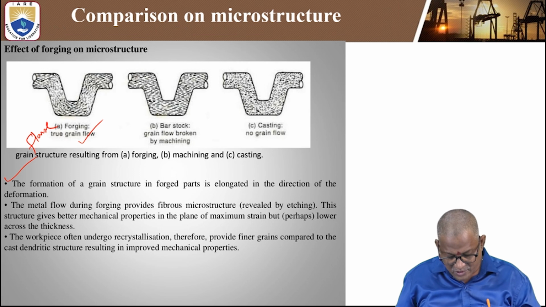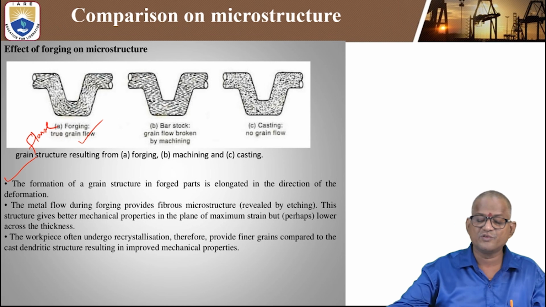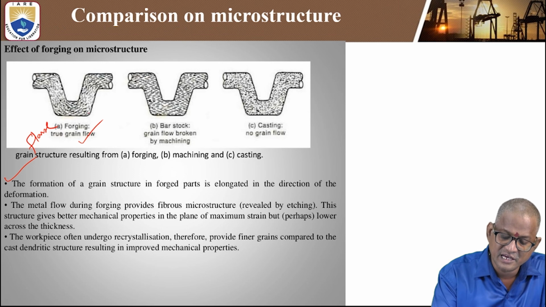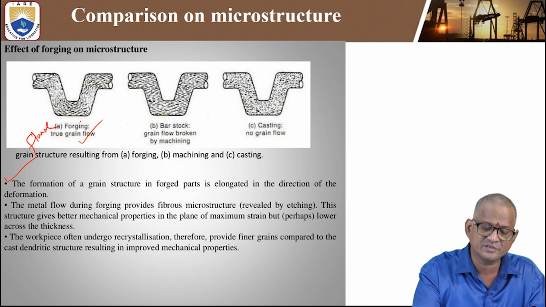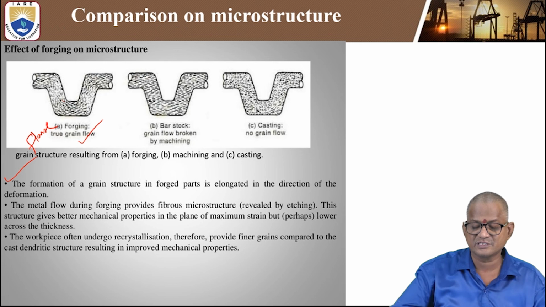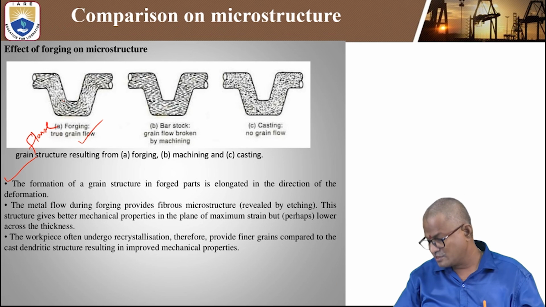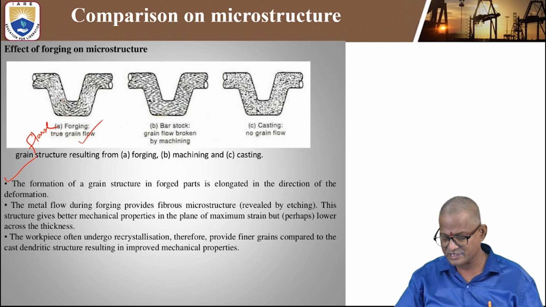So I hope this gives some comparison of microstructure. In forging, only at the ends some sharp corners cannot be provided, so that you can maintain a good microstructure compared to other processes like casting and fabrication processes like welding.